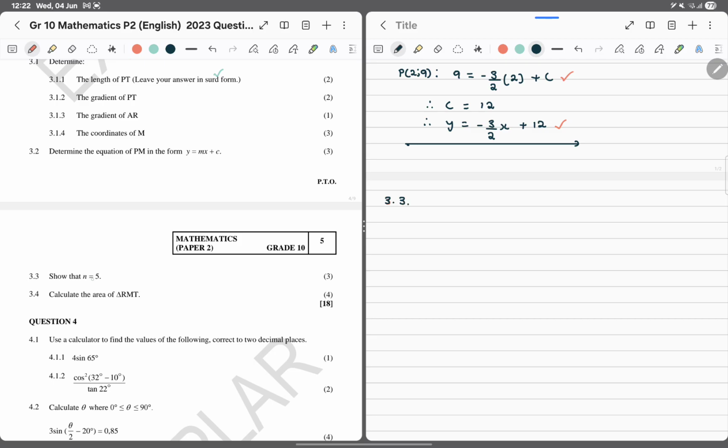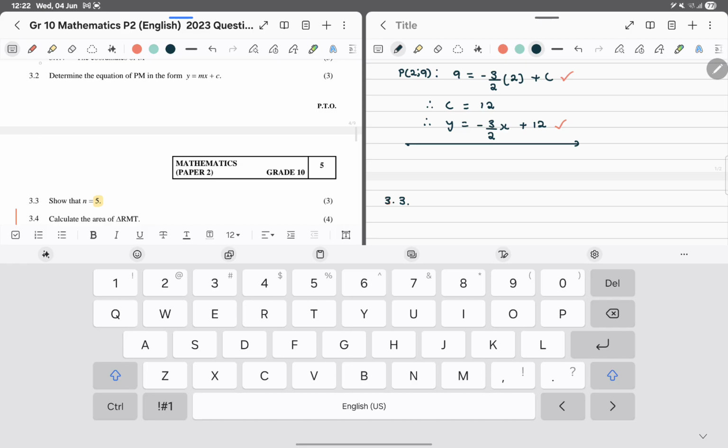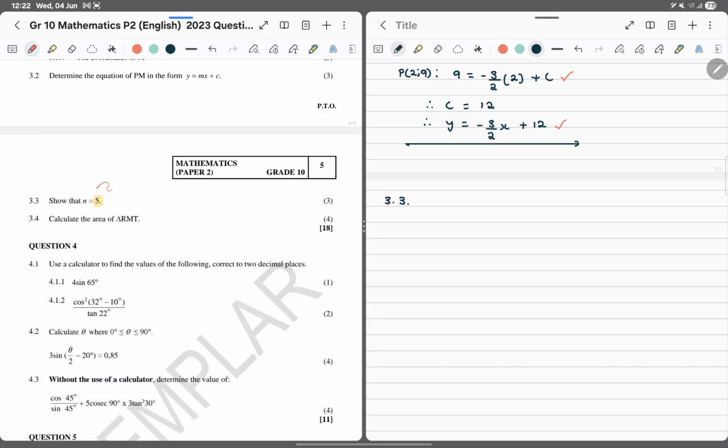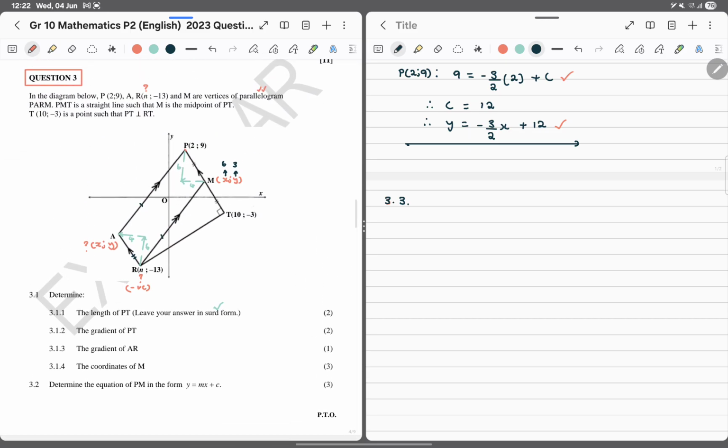We then need to show that n is equal to 5. I don't think so. That's a point in the third quadrant. I will not accept that. So perhaps a negative. Maybe there's a misprint or something. Of course, this may be okay to live like that because someone may say, well, look, this is not drawn to scale.